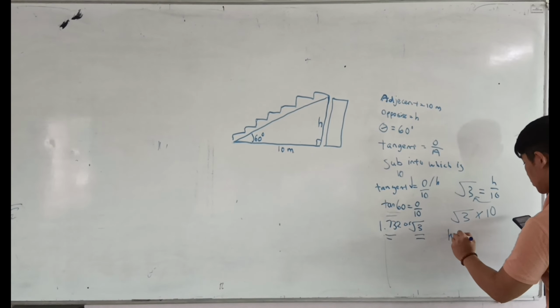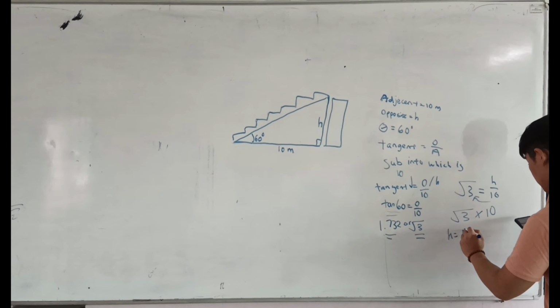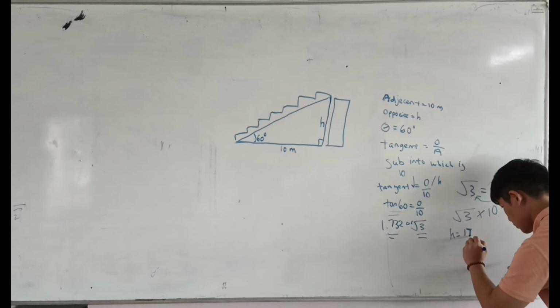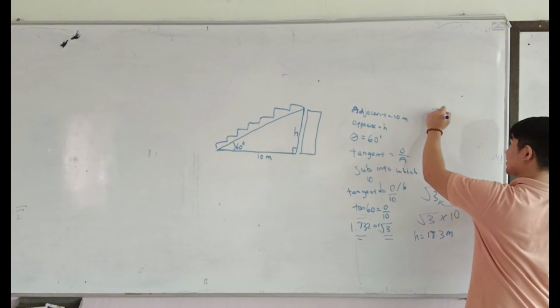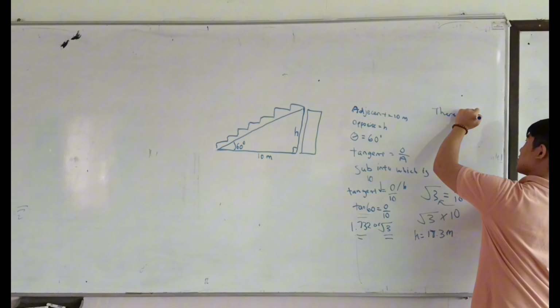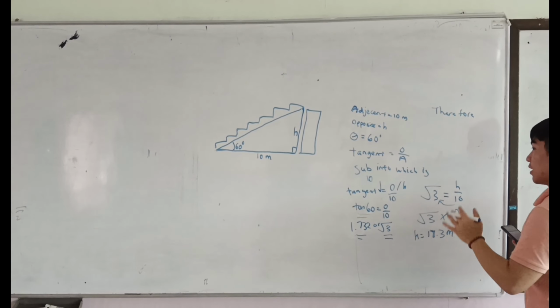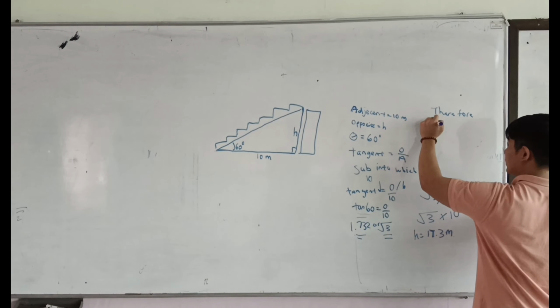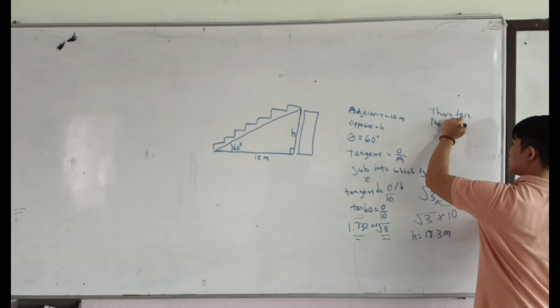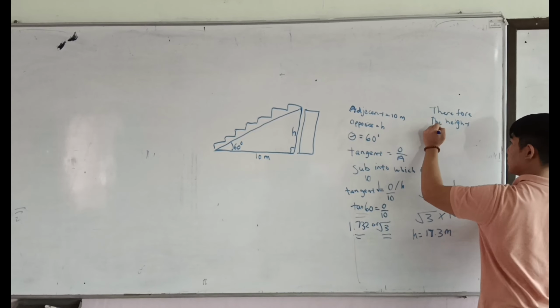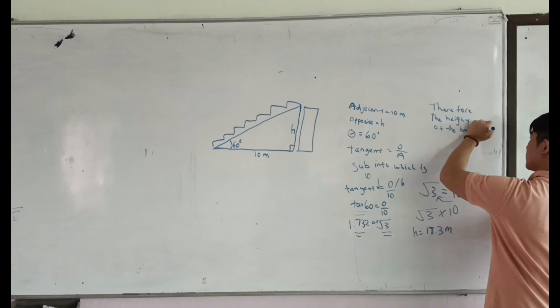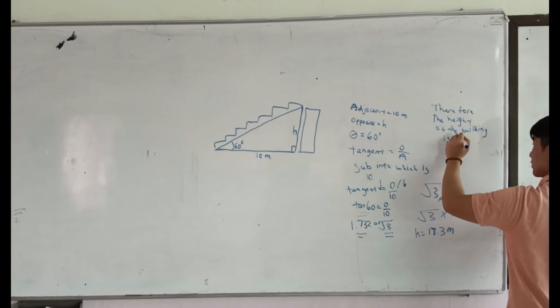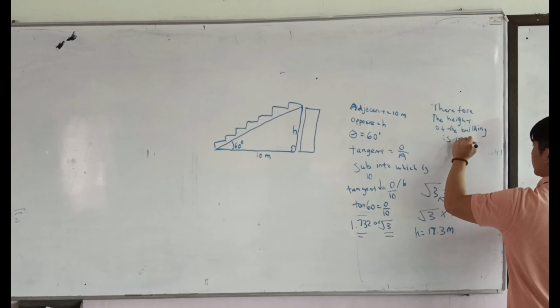Your H will be 17.3 meters. Therefore, the height of the building is 17.3.